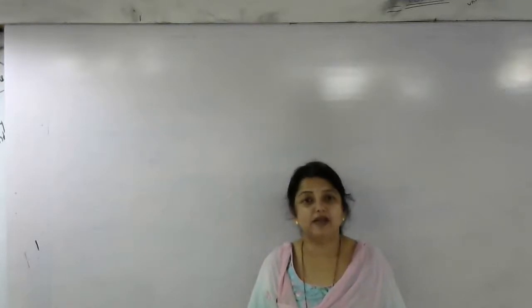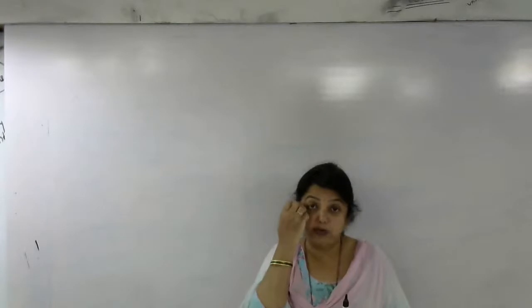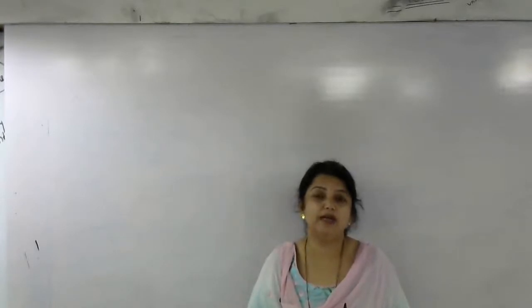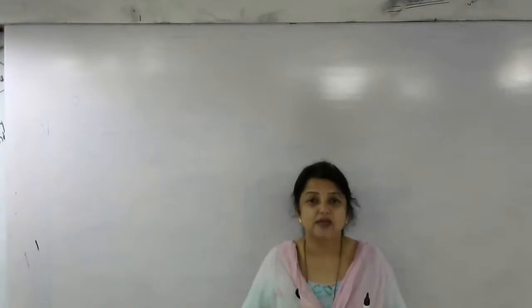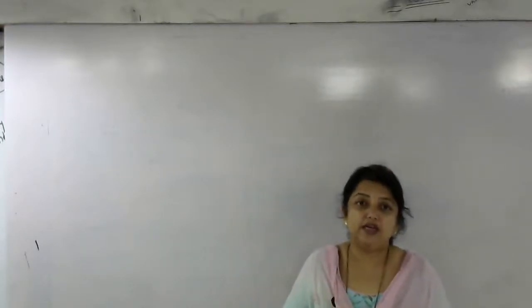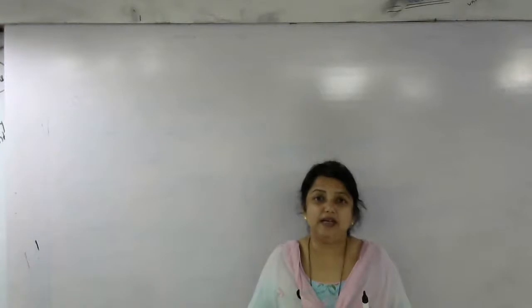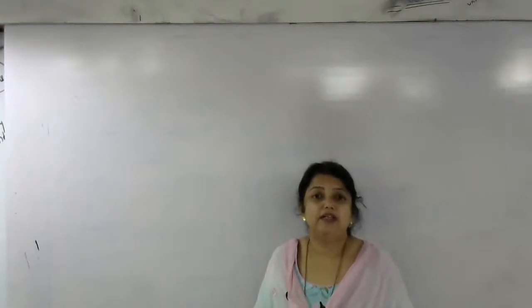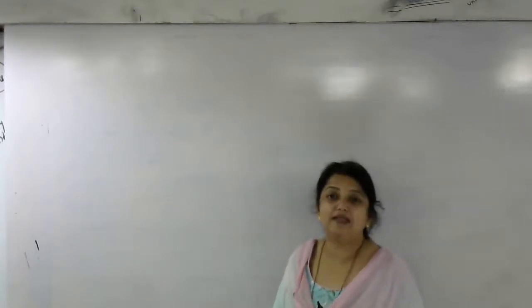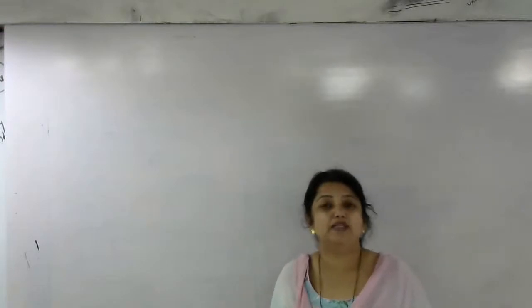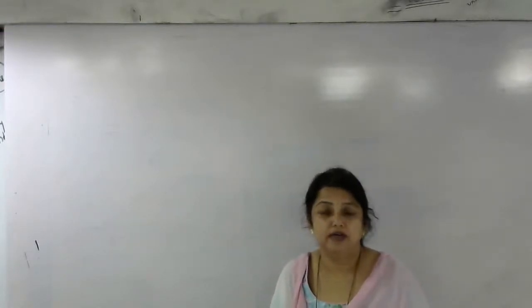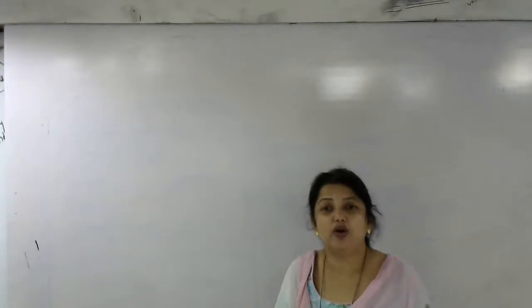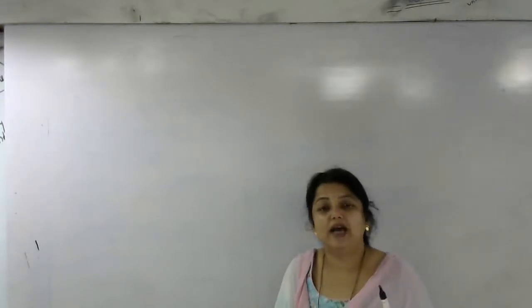Then in the third step there are two possibilities. In the first possibility, there may be a carry present in the last MSB addition. If the carry is present in the 2's complement method, then we ignore that carry, and the presence of carry means our answer is a positive number. We do not consider that carry.